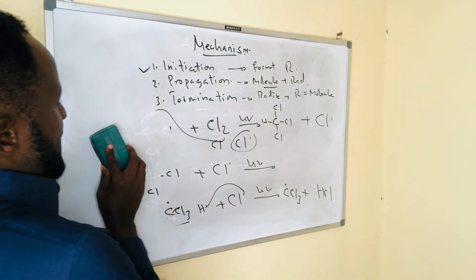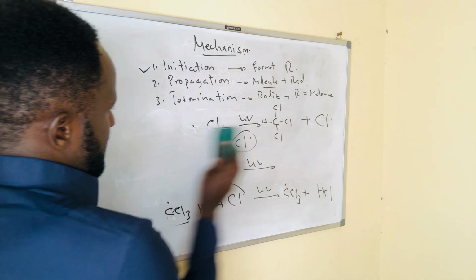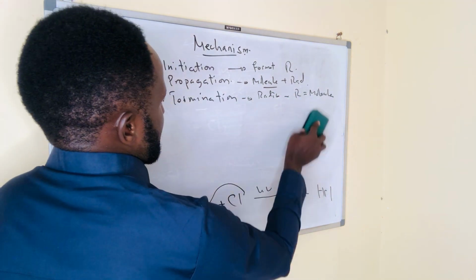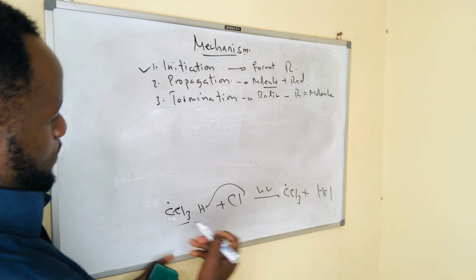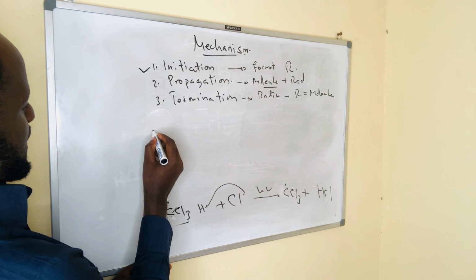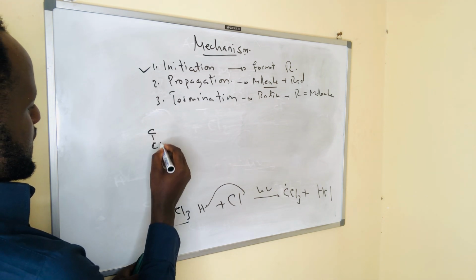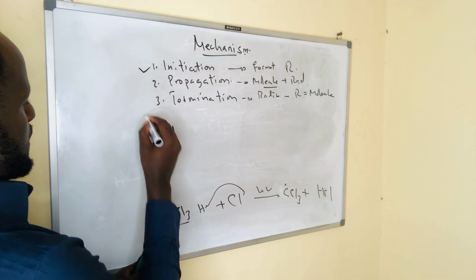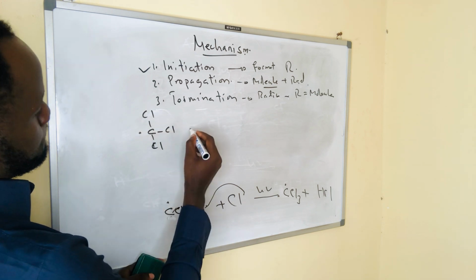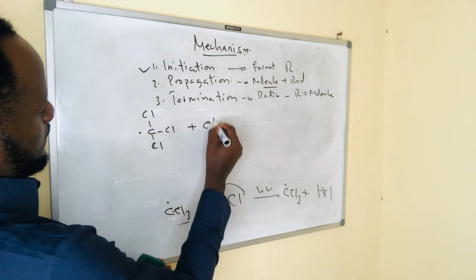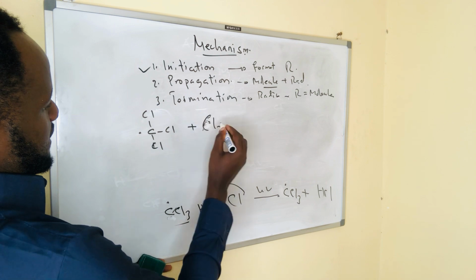So you go to the final step of propagation. That is where we do propagation for the last time. So you will take this one, carbon, chlorine radical plus a molecule of Cl2.